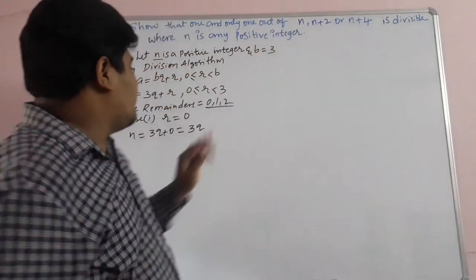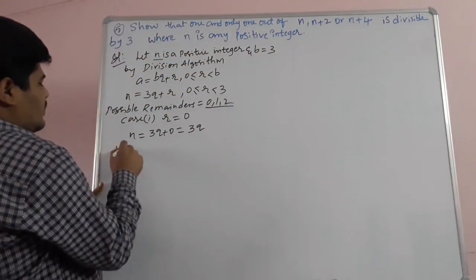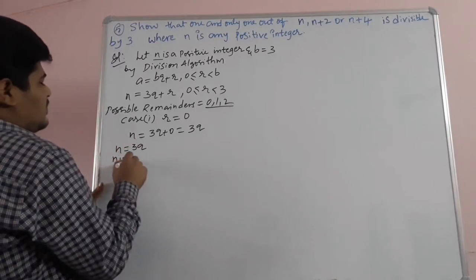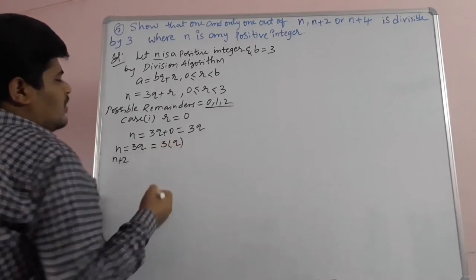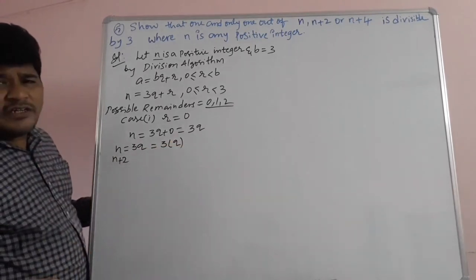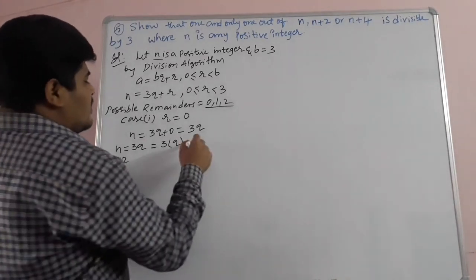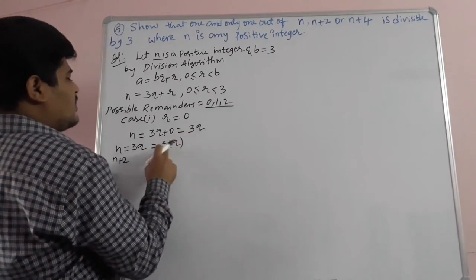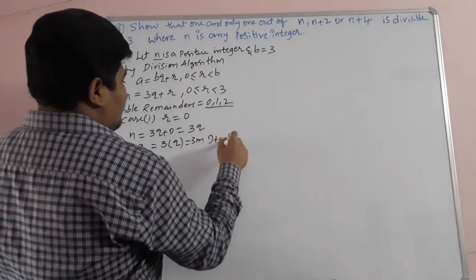So first n. n is equal to 3q, children, which is 3 into q, a multiple of 3. It means it is divisible by 3.